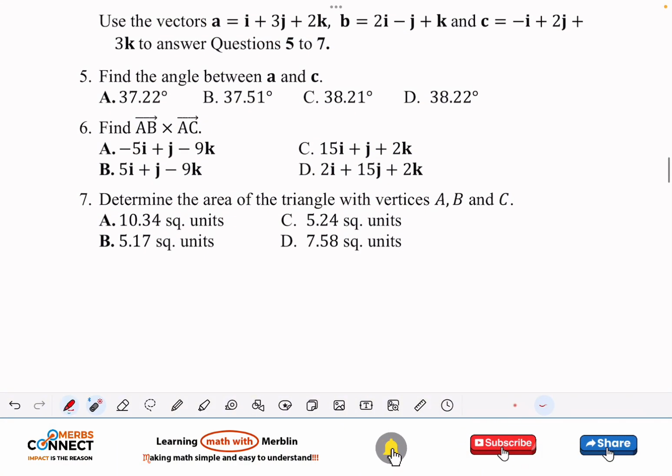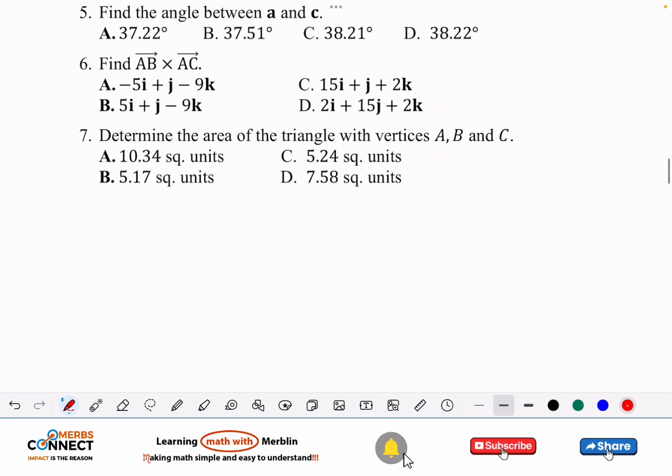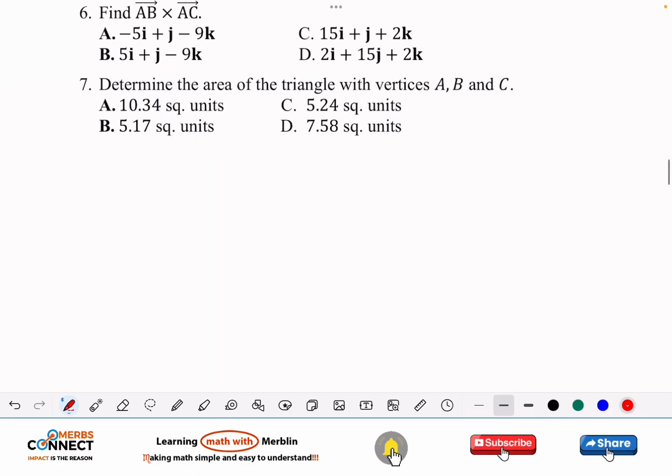So let's start with the 5. For us to find the angle between A and C, we need to know the formula first, right? So the angle between A and C: A dot C is equal to the magnitude of A, magnitude of C, cos theta.